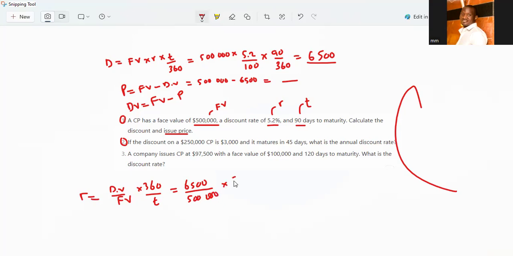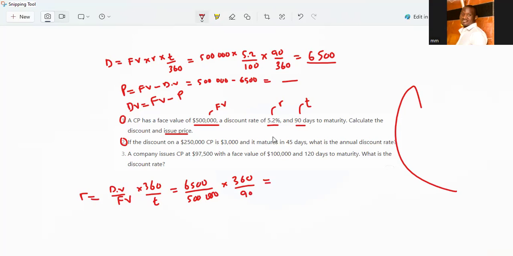And the time was how many days? Based on the initial question, the rate is 6,500 over 500,000 times 360 over the time, 90 days. This is if we're using part A to calculate the rate.